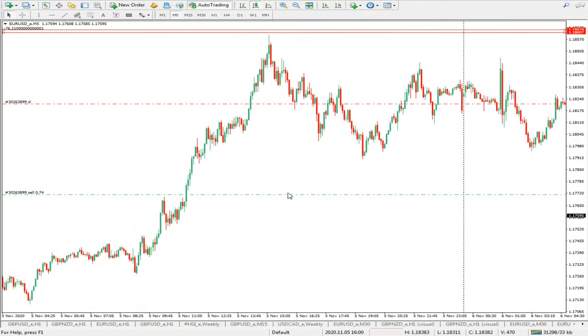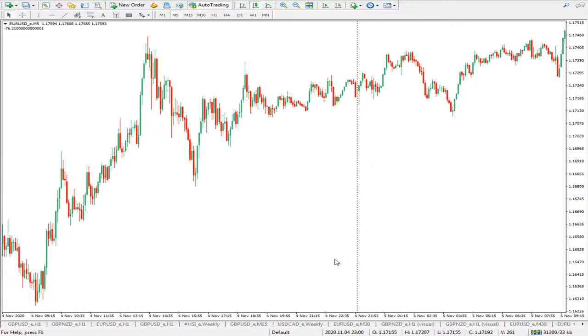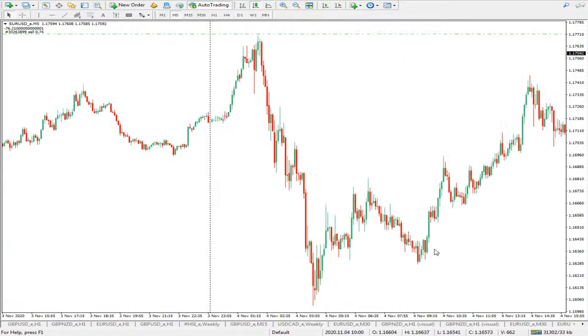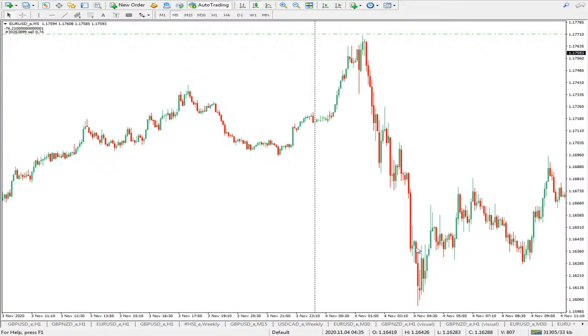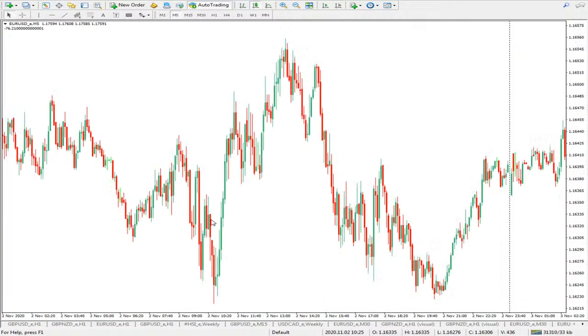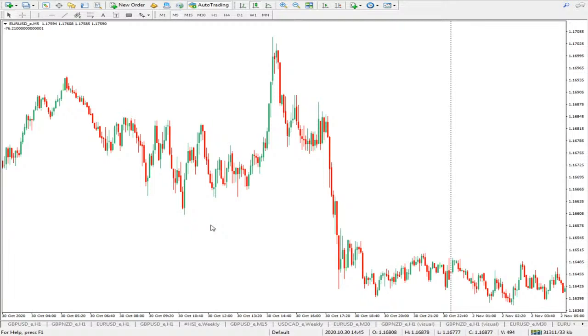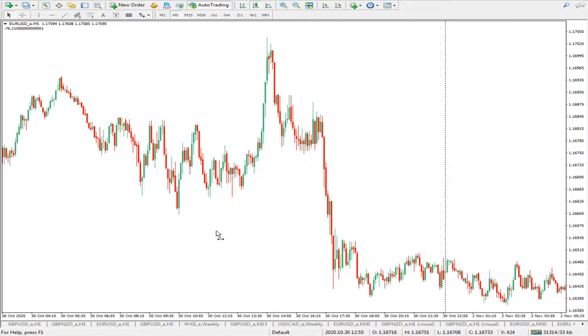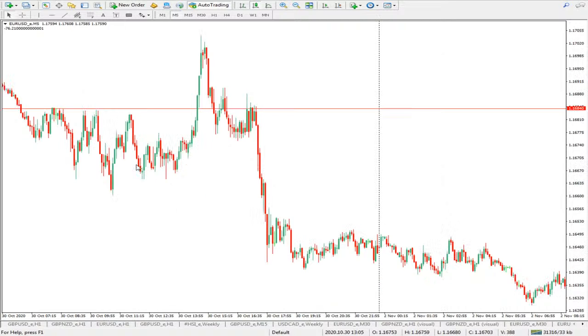So sometimes it may appear that the price is forming a false breakout, but then it again ends up moving in that direction. So there are some cases where you may lose. That is, the price may appear to be giving us a false breakout, yet it's not a false breakout, it's just a genuine breakout.